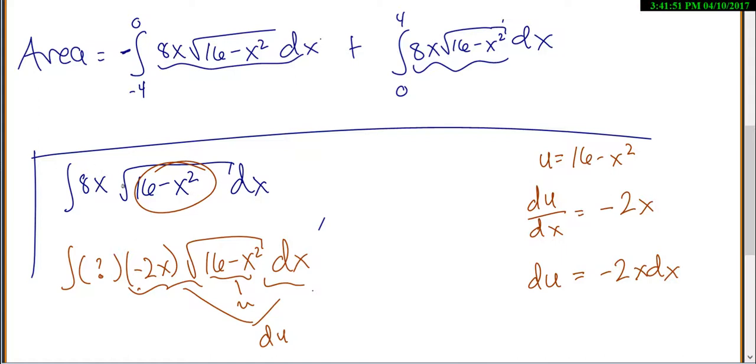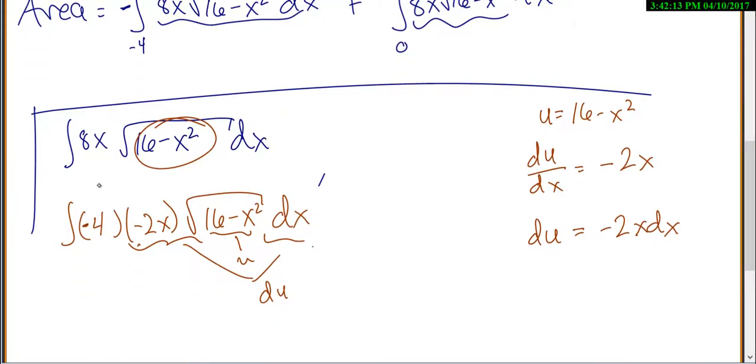So how could I make this look like this? What would I need to put here to make that work? I currently have 8x. I need a negative 2x. What if I put a 4? What if I put a negative 4? Because then I'd have negative 4 times negative 2x. That does give me 8x.